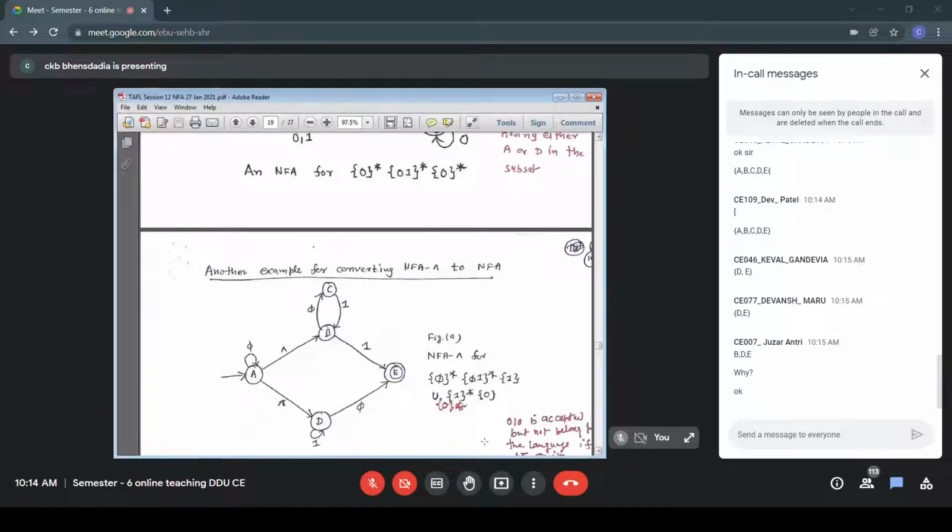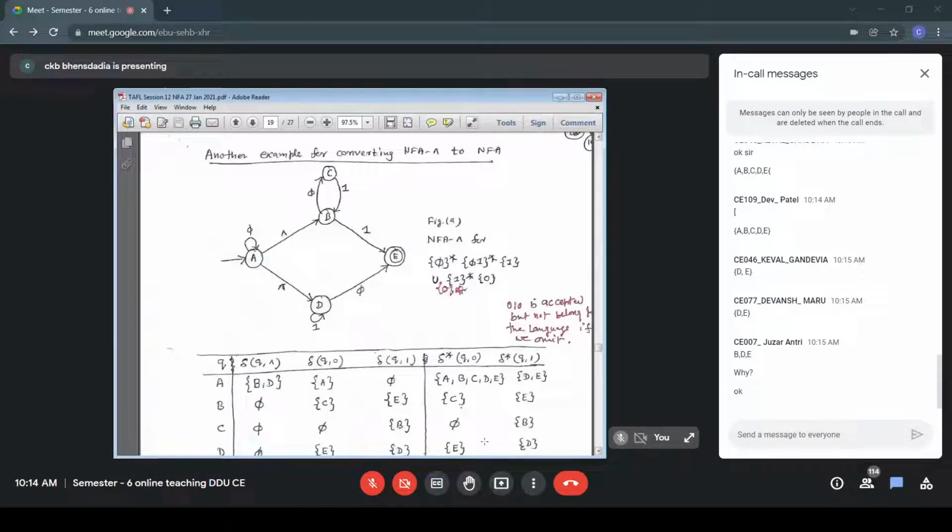So no change in the set of accepting states between Nfnl and NFA. E was the only accepting state in Nfnl, and remains the only accepting state in NFA.